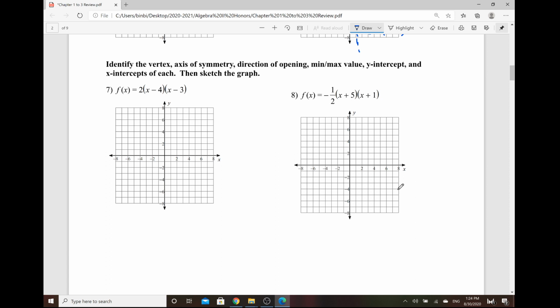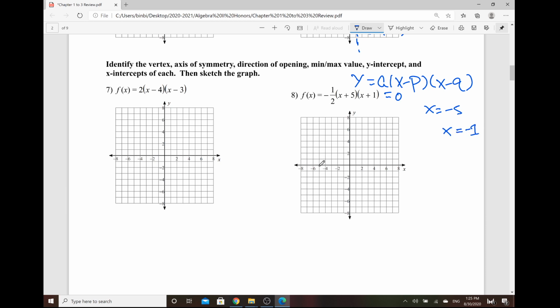Another structure for the quadratic function is the x-intercept form. The x-intercept form is given as y equals a times the quantity of x minus p, and then x minus q, where p and q are the x-intercepts. If we set y equals 0, we have x equals negative 5 and x equals negative 1.